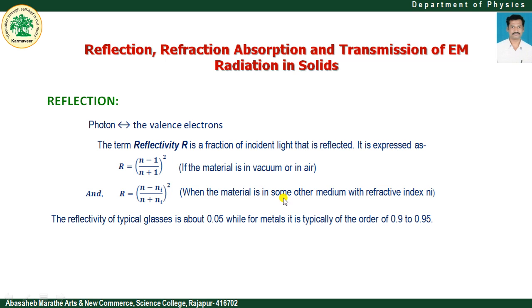When the material is in some other medium with refractive index n_i, the relation is R equals (n minus n_i) divided by (n plus n_i), whole square.